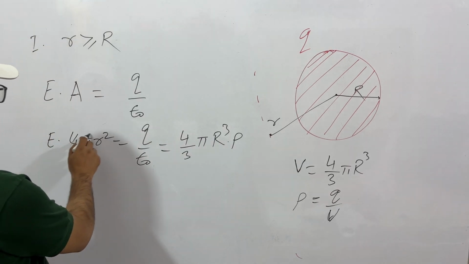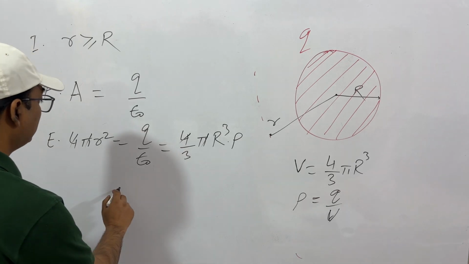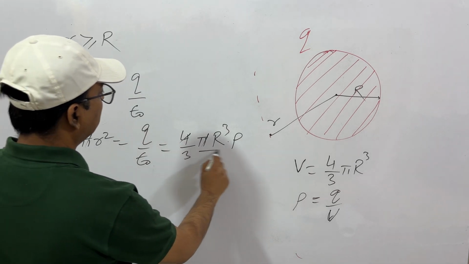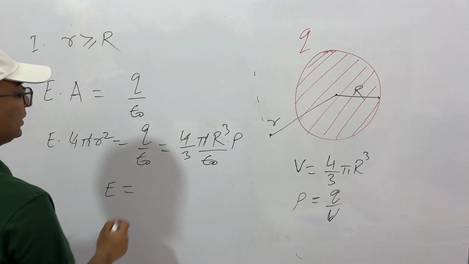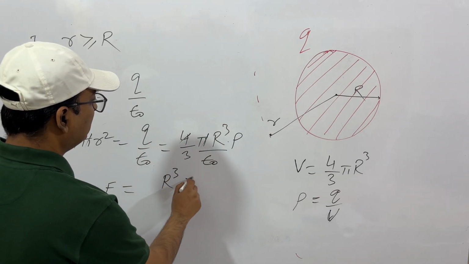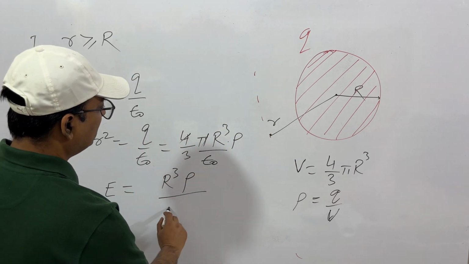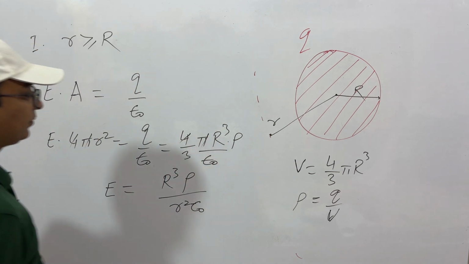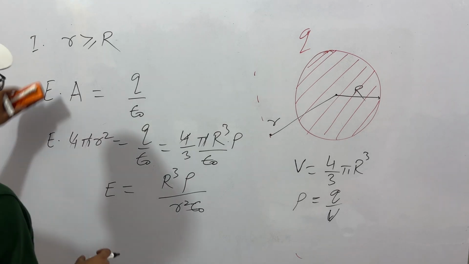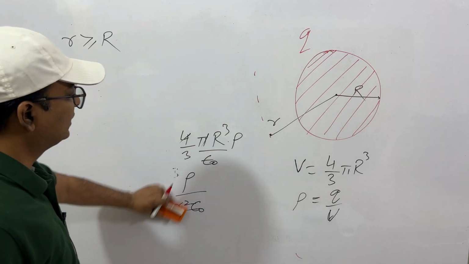So from here you can cancel 4 pi. What you get is E will be, see here, this by epsilon 0. Q is this, so epsilon 0. So what we get? We get R cube rho by 3 r square epsilon 0. So you get this expression. So whatever you have, you can put your mind into it and find the result.